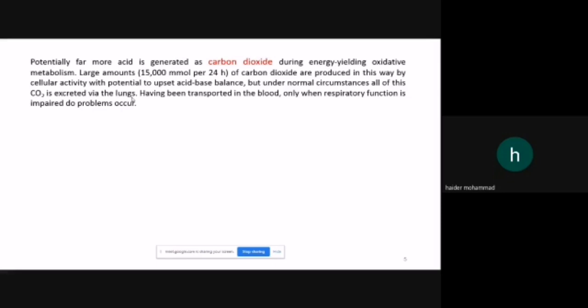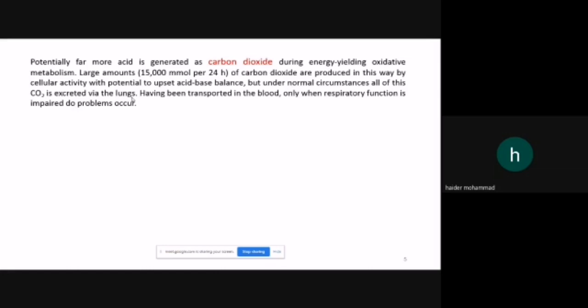Of course, it is transported in the blood. So any problem in respiratory function means there is a problem in the concentration of carbon dioxide in the blood. Then lungs and kidney play a significant role to reach the normal value for the acid, or hydrogen ion concentration, in the blood.